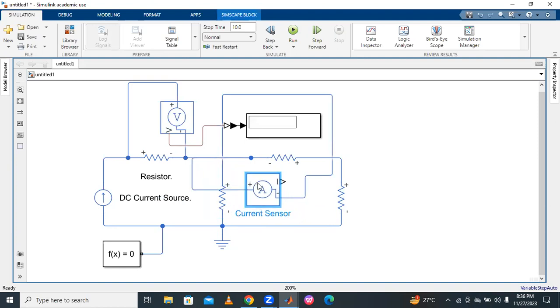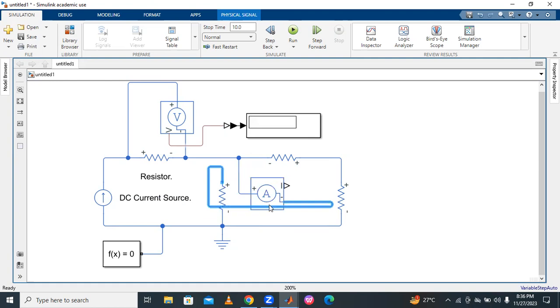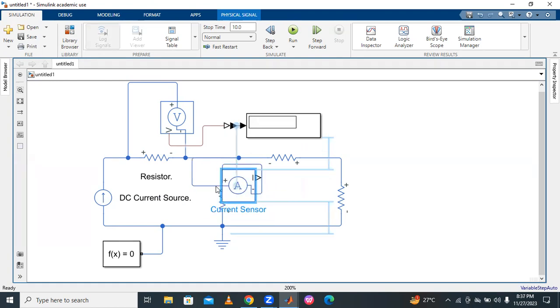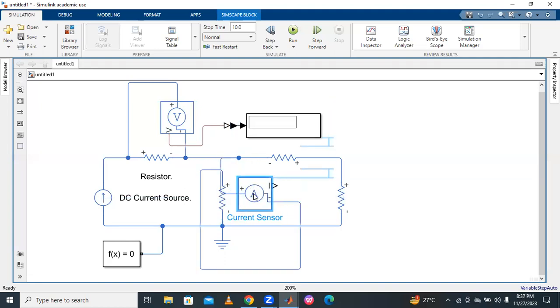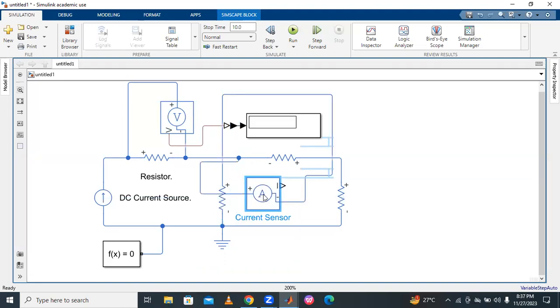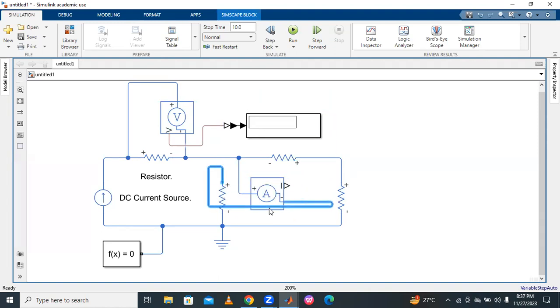Understood? This is called a current sensor.